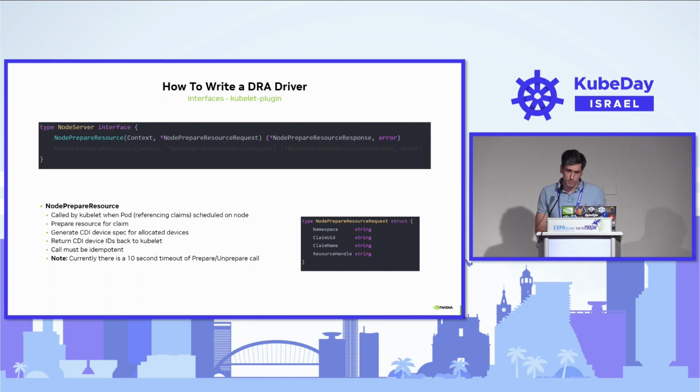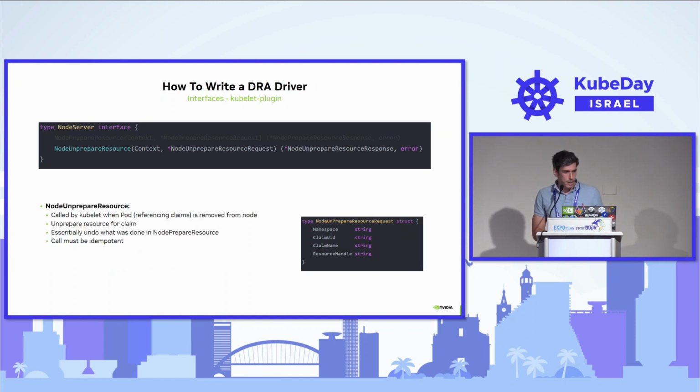One thing to note, the call must be idempotent, and you have under 10 seconds to finish the call, currently at least with Kubernetes. Unprepare does the opposite of prepare resource. I didn't mention that the first one gets called when the pod is created and references a claim. This one will get called when the pod is deleted, and you need to perform cleanup for the resource. And again, this call must be idempotent as well.